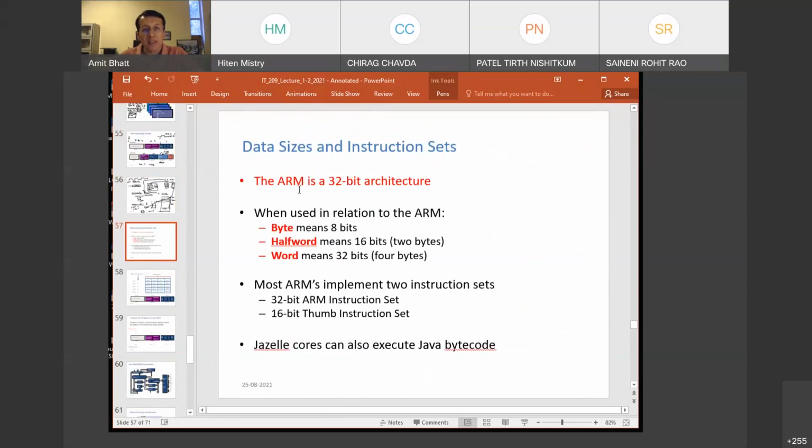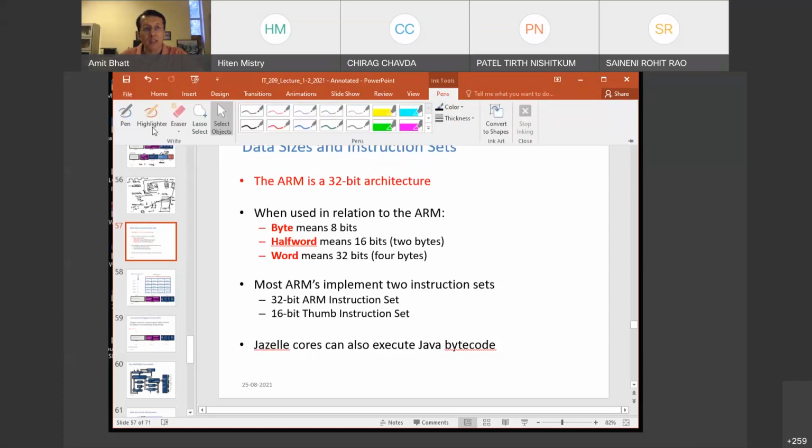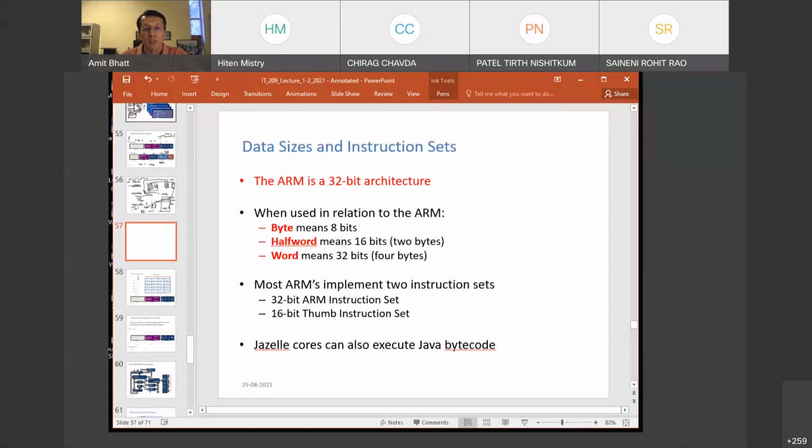But otherwise, for the processor which we are going to study, and for a very long time, ARM was exclusively 32-bit. ARM doesn't have a 16-bit processor. It has always been 32-bit, and that was one of its strong points, because it was unheard of to have a 32-bit embedded processor in the late 1990s or early 2000s.